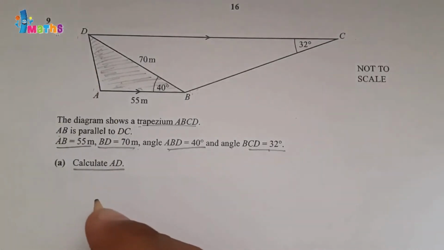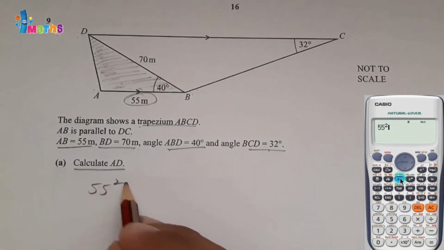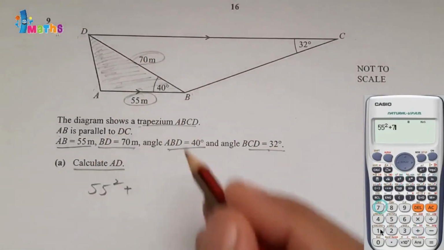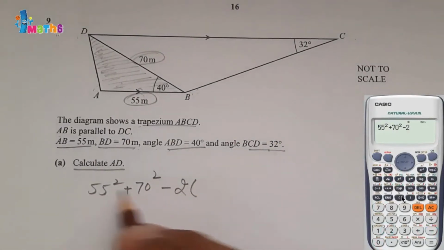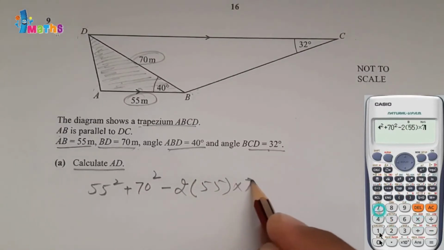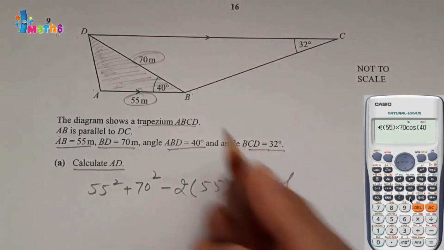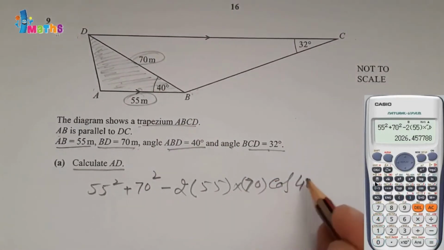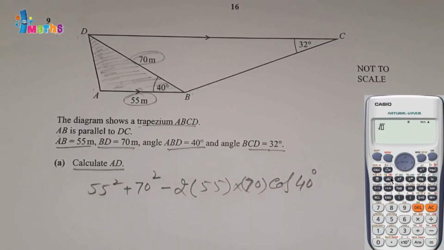We can write this side square, 55 square plus this side square, which is 70 square, minus 2 into 55 into 70 cos of the included angle, which is cos of 40 degrees. Now we will put this in our calculator and we will get the value, which is 45.